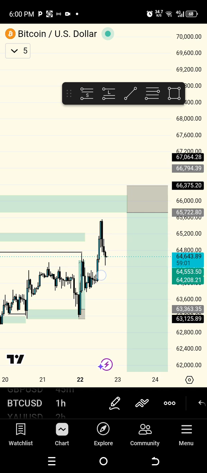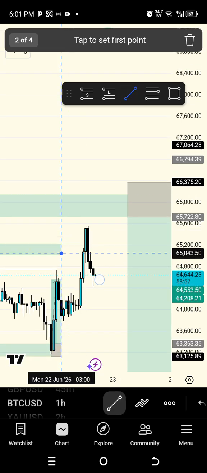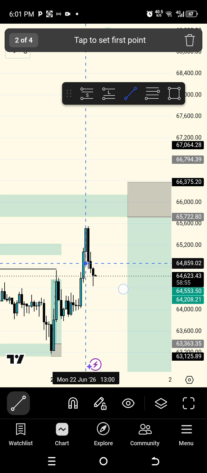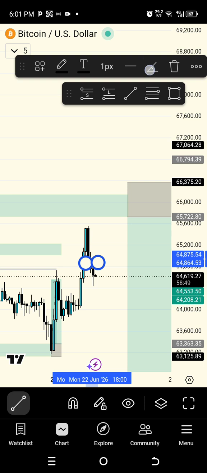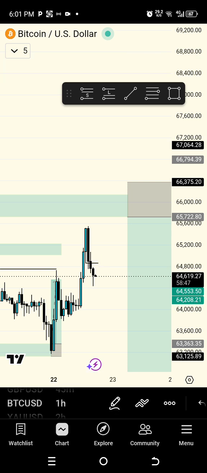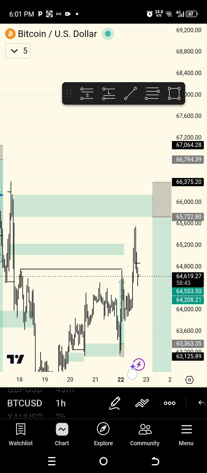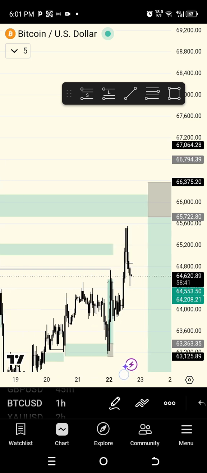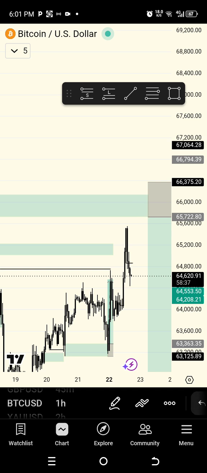So price has made a fake zone here, deceiving traders that price is about to stay here, but it's just creating liquidity. Yeah, NGR liquidity here. So I'm still waiting for price to come up to this point here.